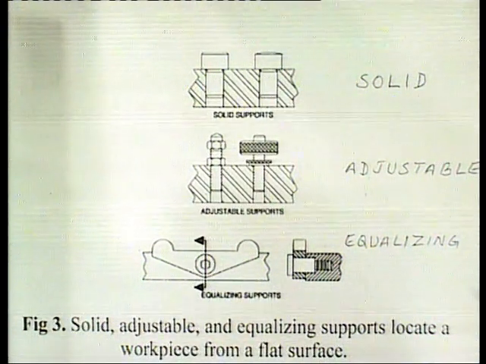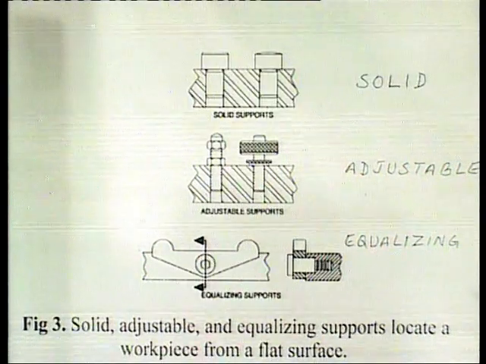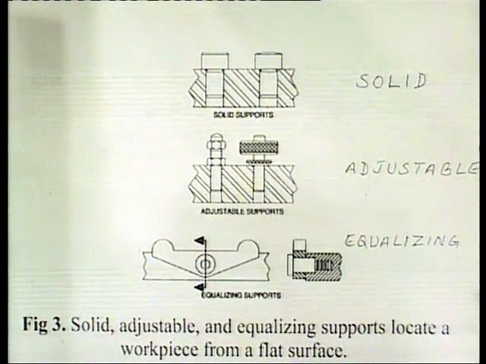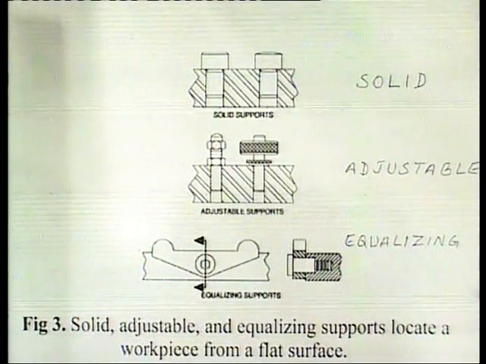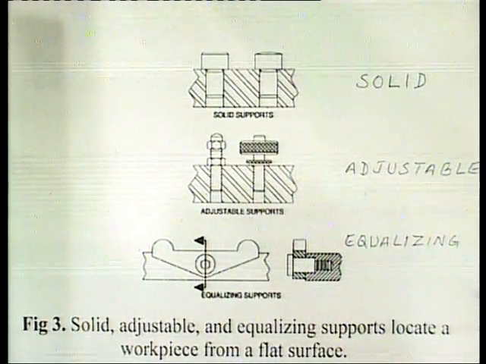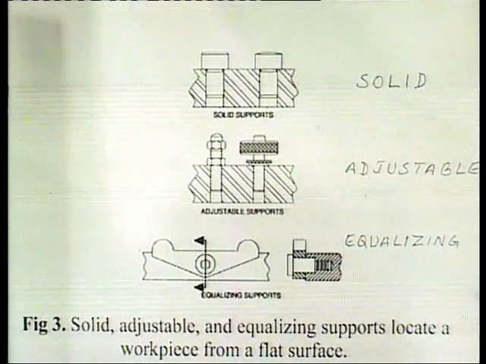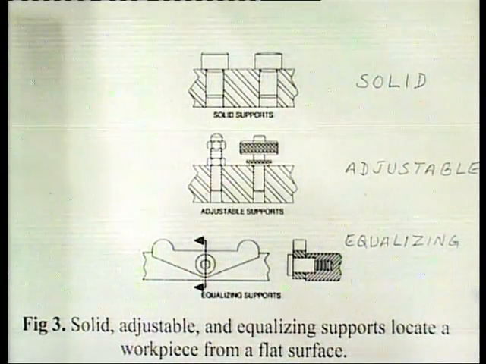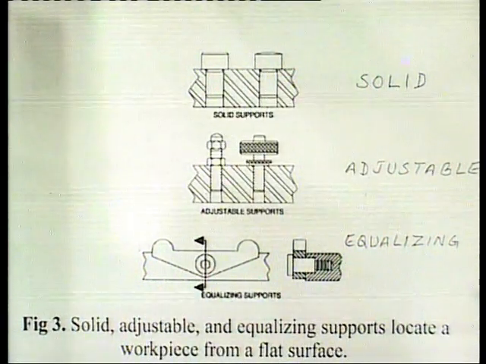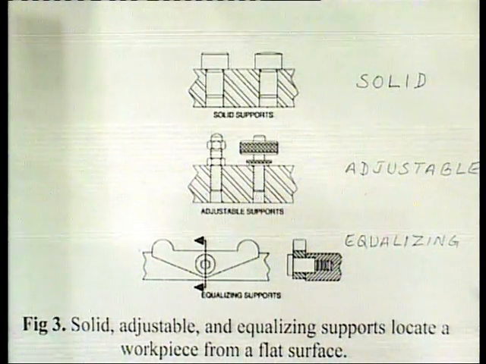First of all, solid supports are fixed height locators, as we can see in this figure. They precisely locate a surface in one axis. Though solid supports may be machined directly into a tool body, a more economical method is using installed supports such as rest buttons.